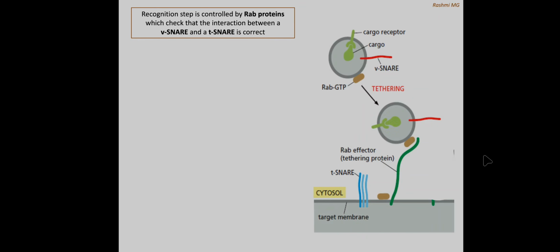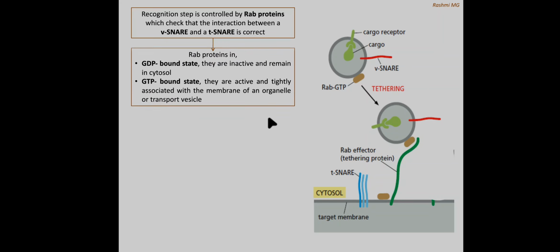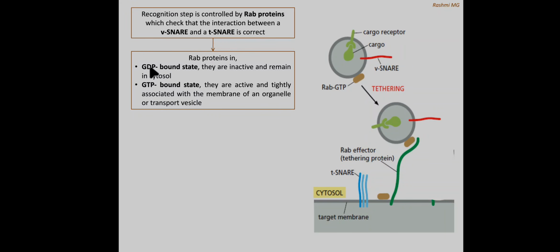So let us now see the actual process. The recognition step is controlled by Rab protein, which checks the interaction between V snare and T snare. This is V snare, the red one. The blue one is T snare. The recognition of both is mediated by what? Rab proteins. Rab protein in GDP bound state is inactive.